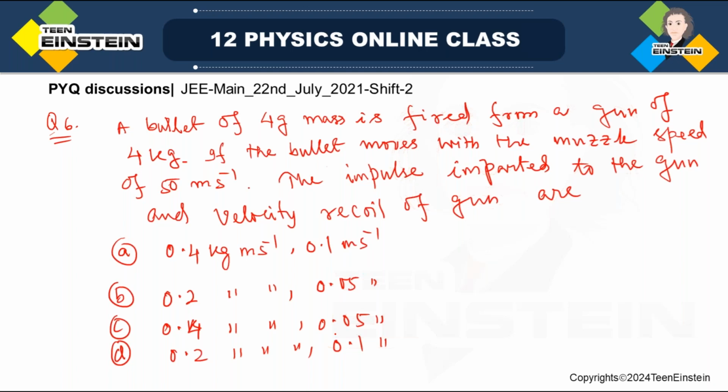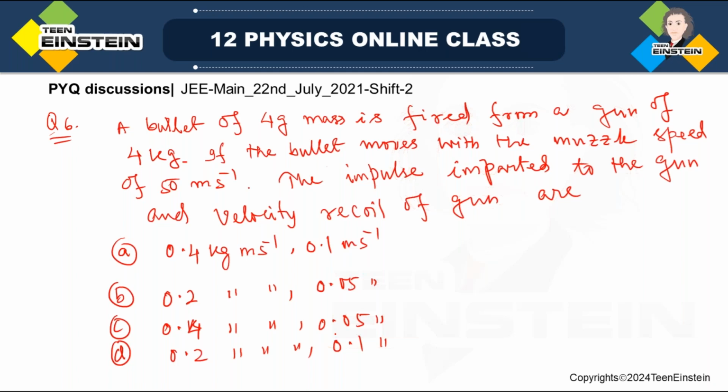Before solving, let me read out the full question once again. A bullet of 4 gram mass is fired from a gun of 4 kg.